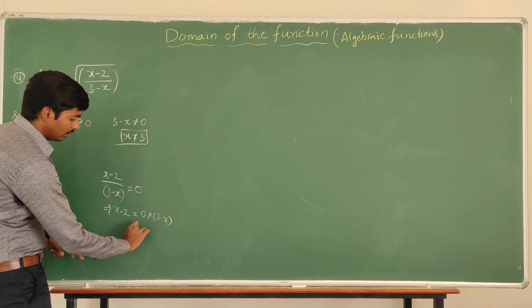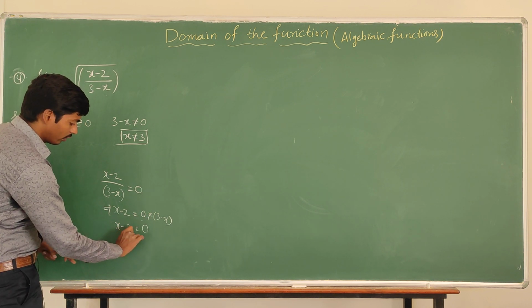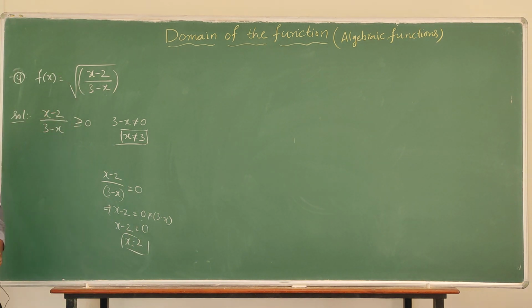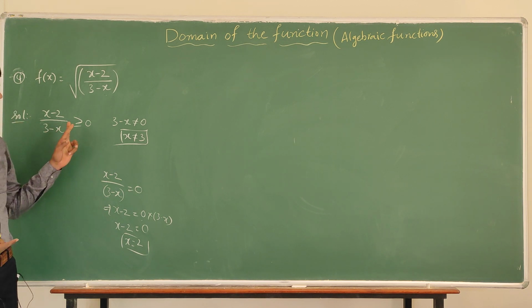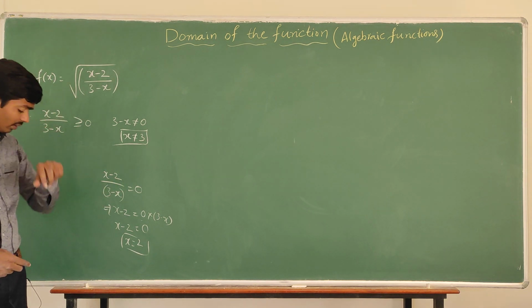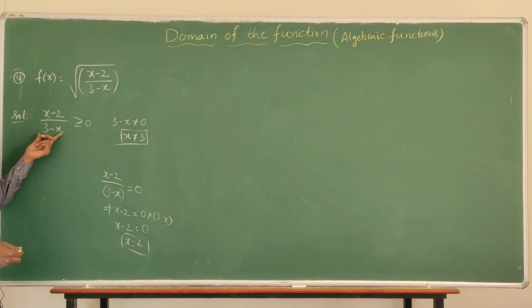Zero into anything will be 0, so x minus 2 equal to 0 and x is equal to 2. I will solve like this if it is an equation, but here it is an inequality. Solving an inequality is somewhat different from solving an equation. Here what happened? 3 minus x is the denominator.